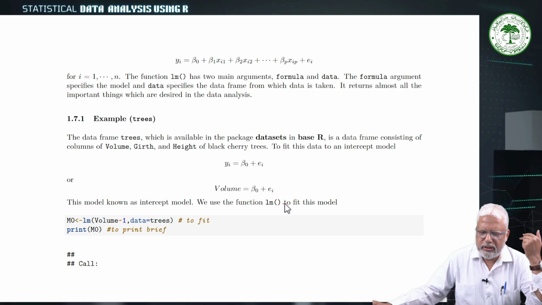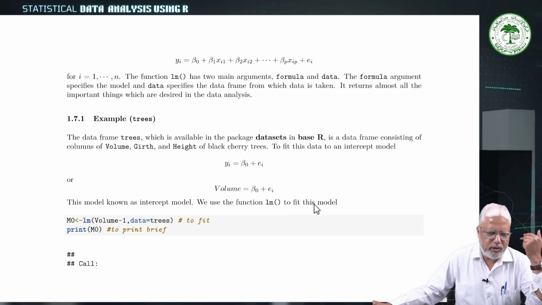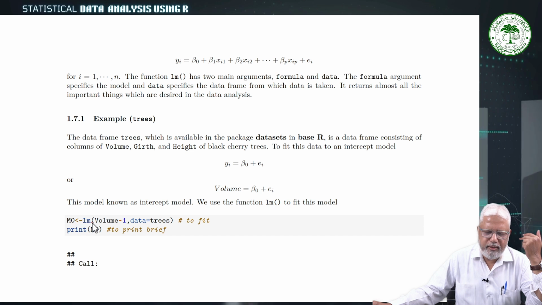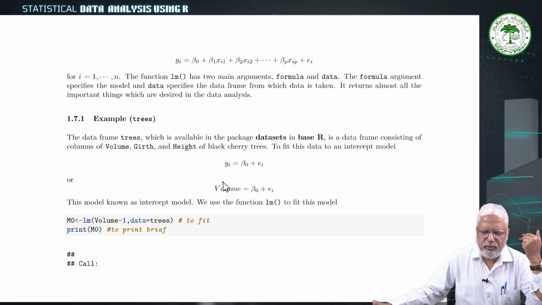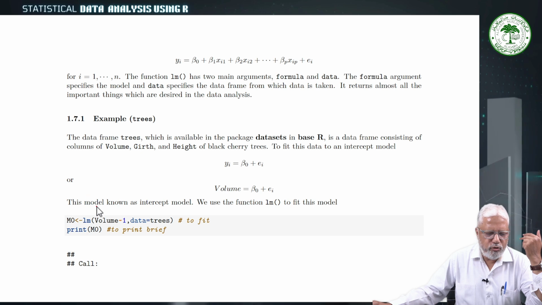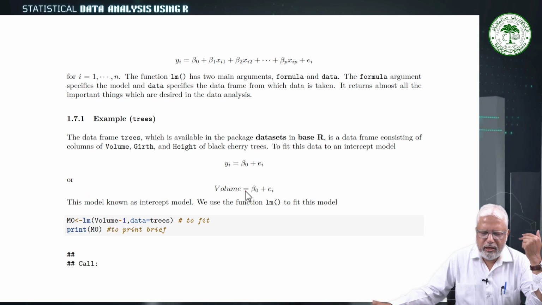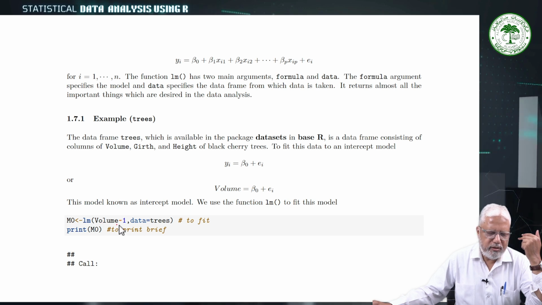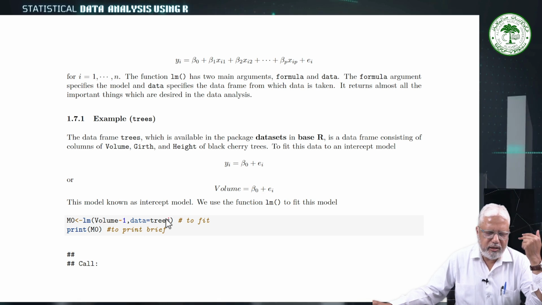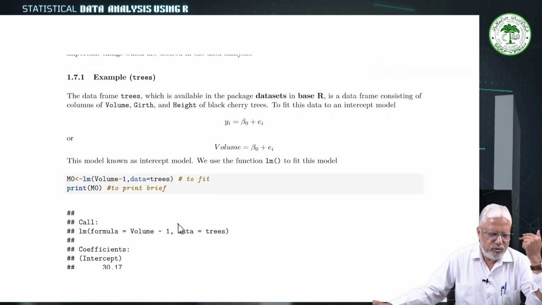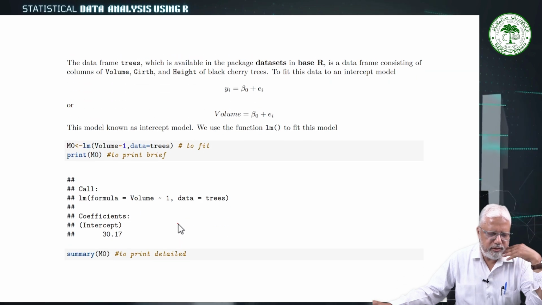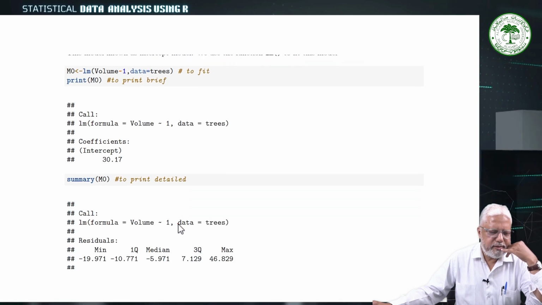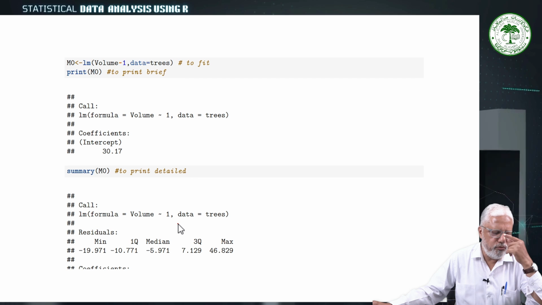We use the function lm to fit this model. See, m naught is equal to lm. Then how are we writing this formula? Volume tilde 1, as the coefficient of beta naught is 1 and there is no mention of error, and data is equal to trees. So we print and we get the result. Then we get summary, print and summary, these are the two.